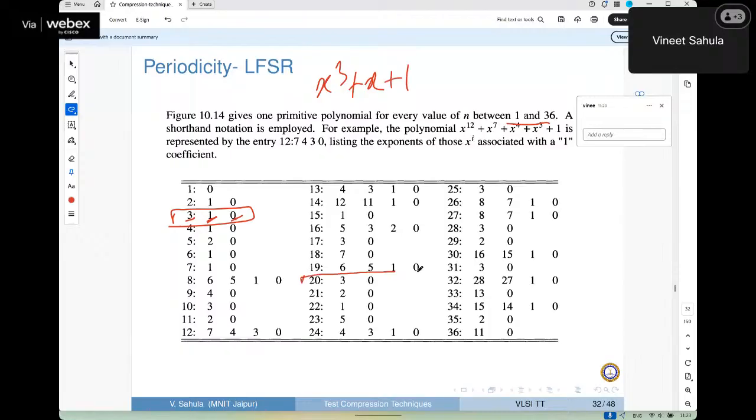For 19 taps, we have x^19, x^6, x^5, x and 1. This is a polynomial, so this is the listing of maximum length sequences. You can have anything, but if you choose these, you get the maximal length: 2 to the power 19 minus 1 is the repetition period.